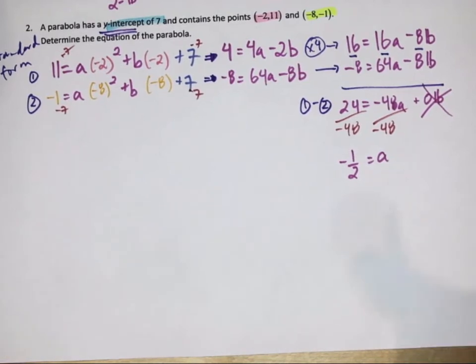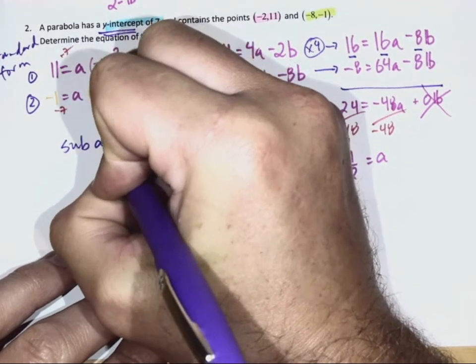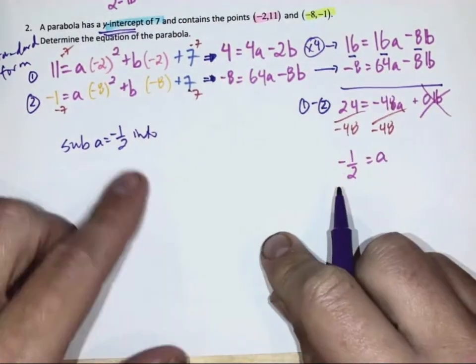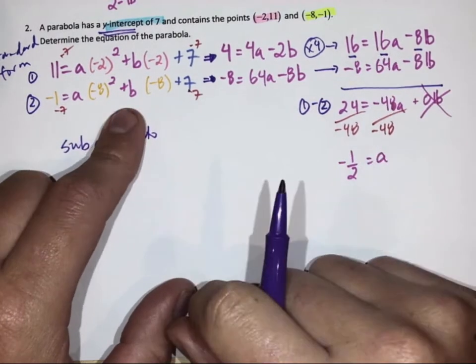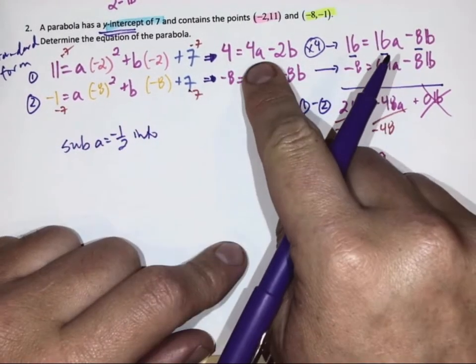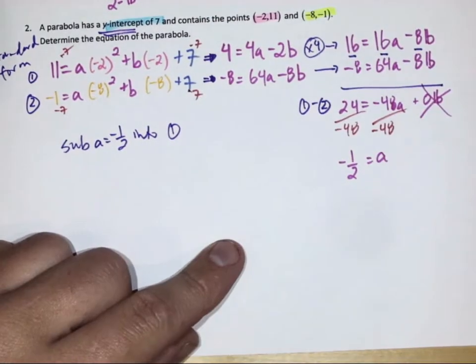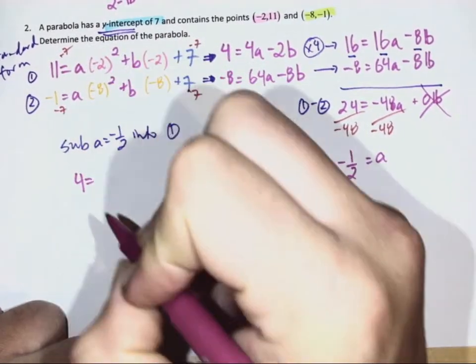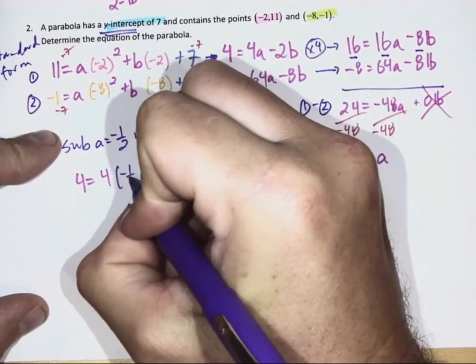Again, I'm going to take what I have and sub it back in. So I'm going to sub a equals negative 1/2 into original 1, simplified 1, original 2, or simplified 2. I'm going to use simplified 1. Everywhere I see a, I sub in the value of a that I just found.